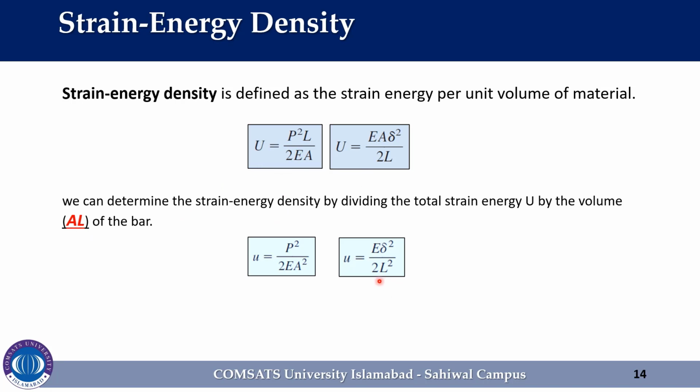If we replace P over A by the term stress and delta over L by the term strain, we get the following expression. u is equal to sigma squared over 2E. And the second term is u is equal to the product of the modulus of elasticity and the square of the strain divided by 2. These equations give the strain energy density in a linearly elastic material in terms of either the normal stress or the normal strain.